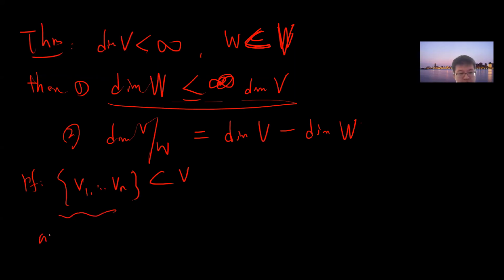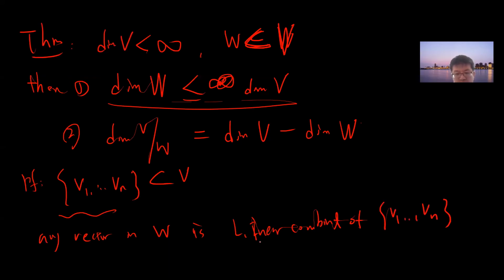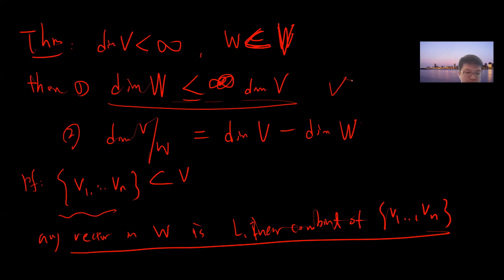Any vector in W is a linear combination of V1 up to Vn, because W is a subset of V. So the dimension of W is less than or equal to the dimension of V, because you can cut out and pick all the linearly independent ones, which is just a subset of this. A subset of a finite set is still finite. Okay, so this part is trivial.